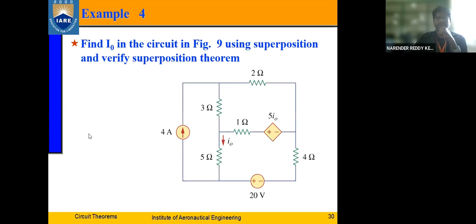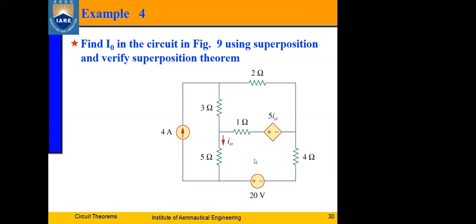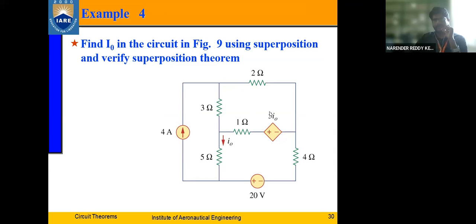Find I naught in the circuit in figure 9 using superposition and verify the superposition theorem. What's the difference of this circuit with the other circuits which you already dealt with? We have a current dependent voltage source here.